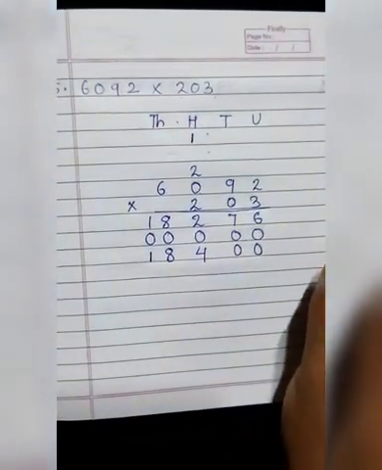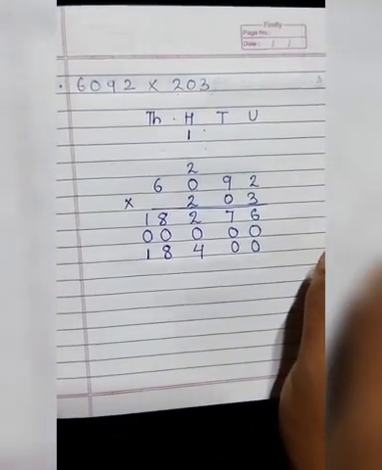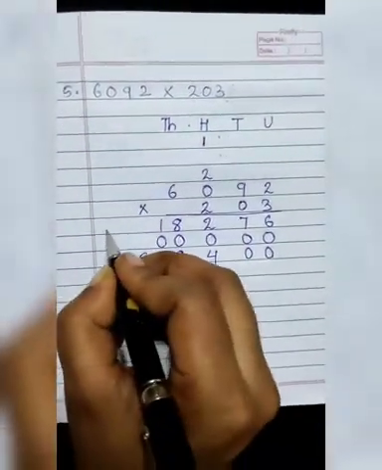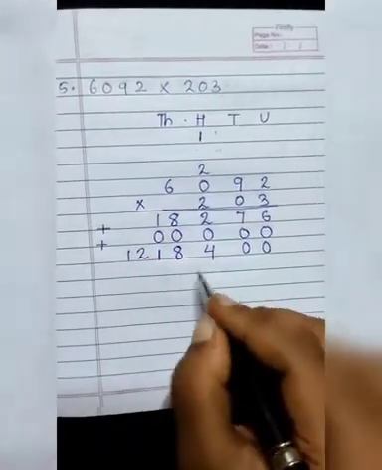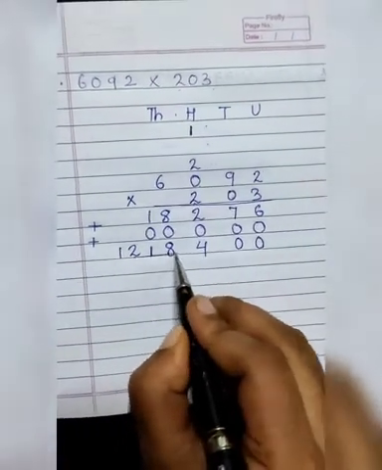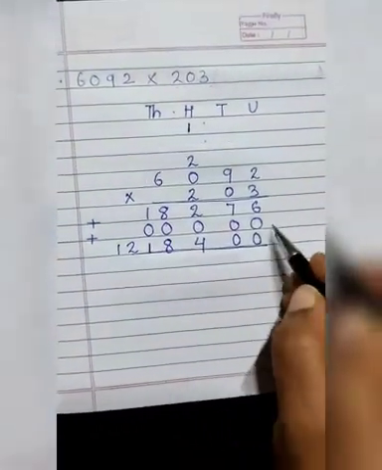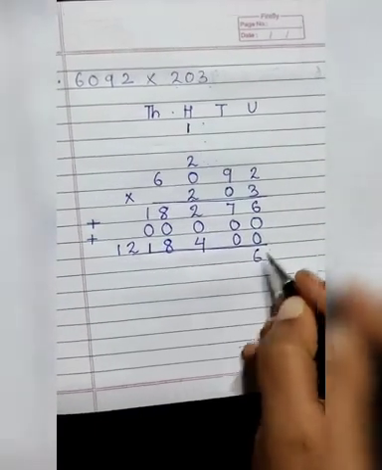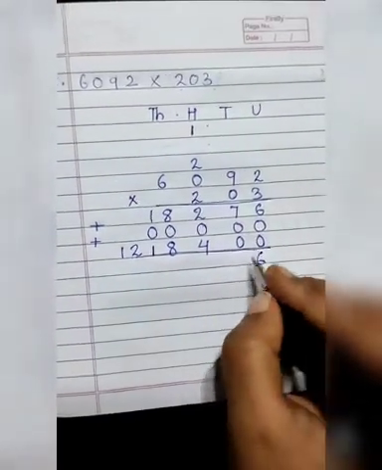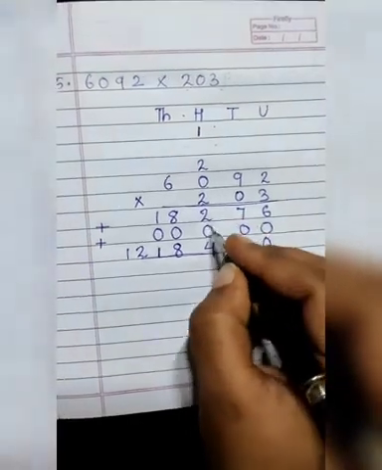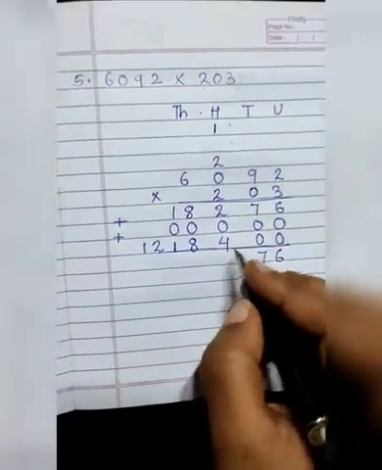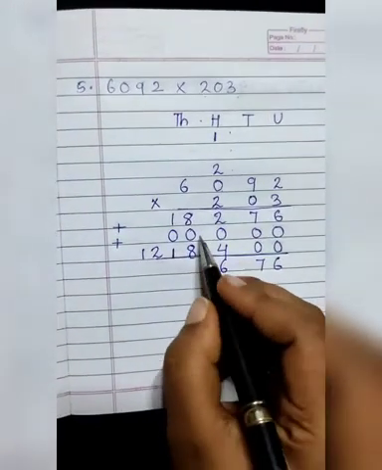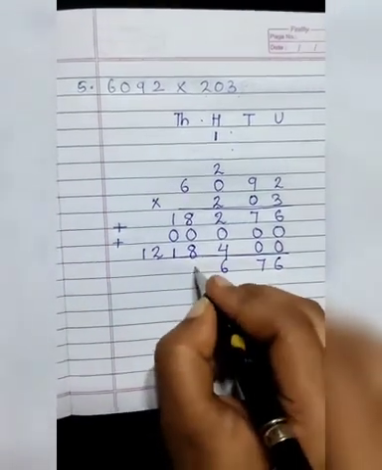Now 2 zeros are 0, but here 1 is there, so we will write 1. 2 multiplied by 6 will be 12. So we will write here 12. Now we will add all these three numbers. Now 6 plus 0 will be 6. 7 plus 0 will be 7. 2 plus 0 plus 4 will be 6. 8 plus 0 will be 8. Plus 8 will be 16.